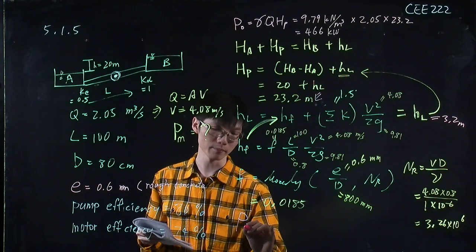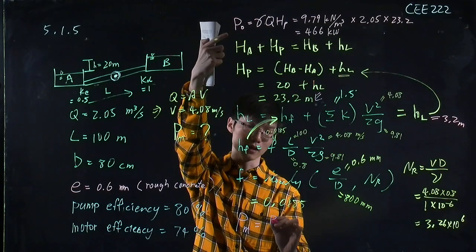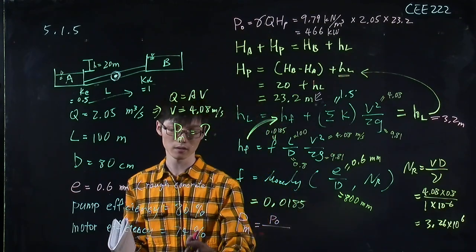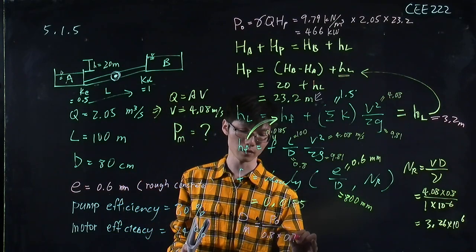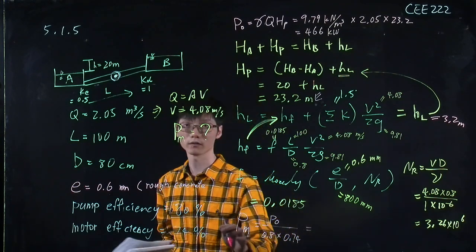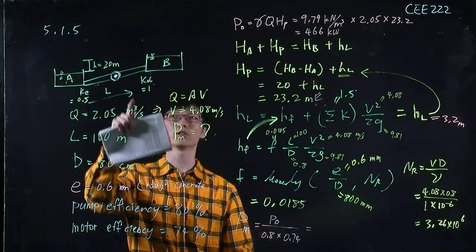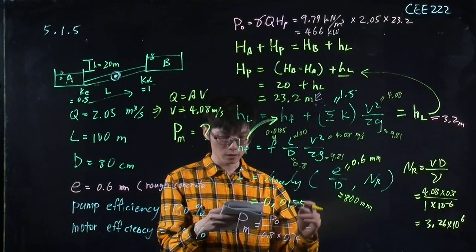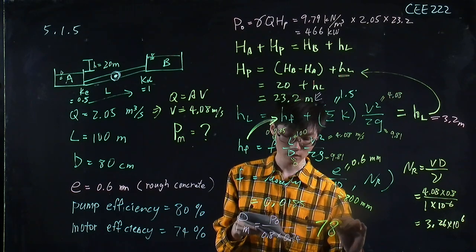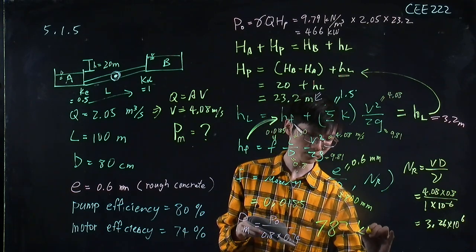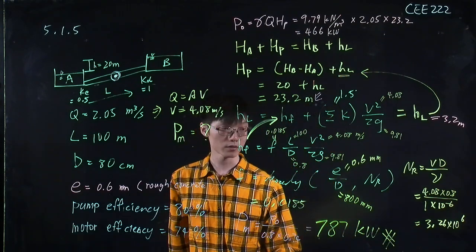So PM should equal this required power divided by those two efficiencies, 0.8 and 0.74. And we will get the final power that we need to provide to this pump, which is equal to 787 kilowatts. And that is our final answer for this problem.